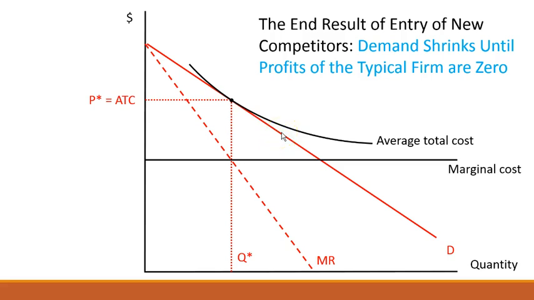In other words, it would make a loss. So this is the only level of output and prices where the firm can cover its costs. That, of course, is a profit maximizing situation. Any other situation would result in losses.